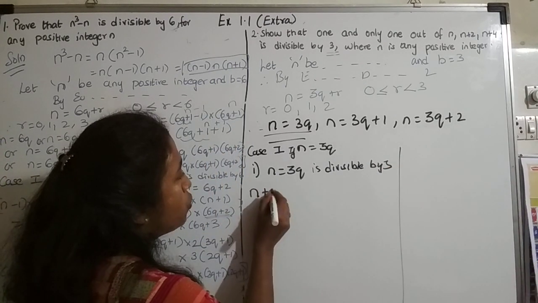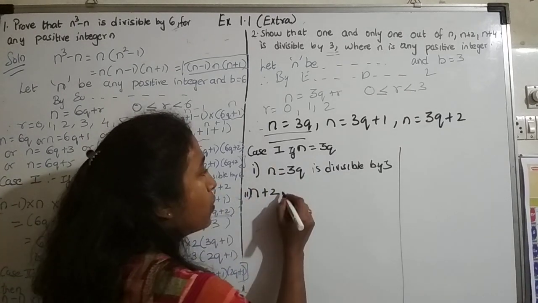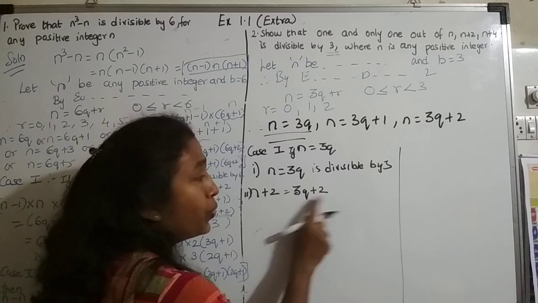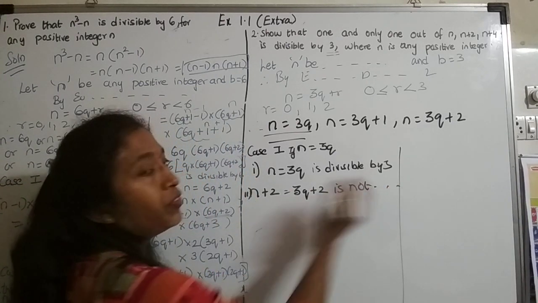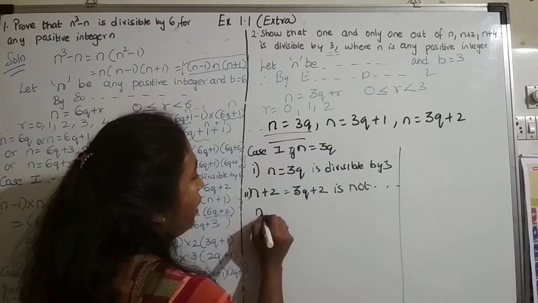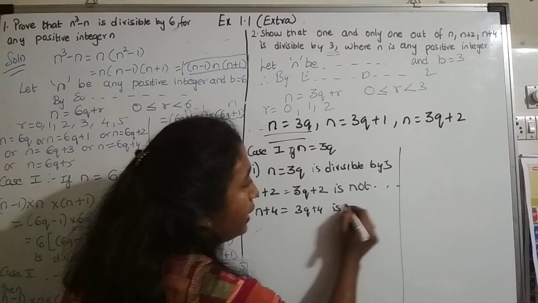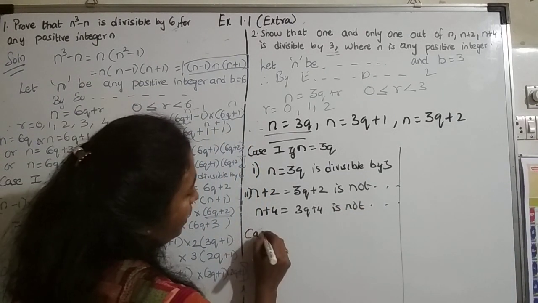For n plus 2, we have 3q plus 2. Can I take 3 common? No, so it is not divisible by 3. For the next, n plus 4, 3q plus 4, you find that it is not divisible by 3.